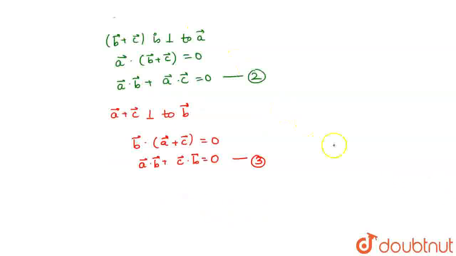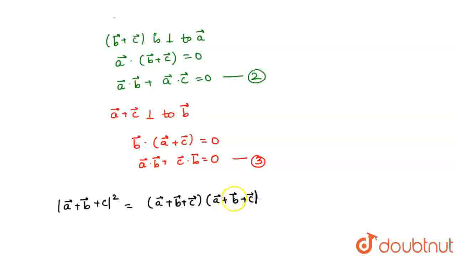So now we have to find the value of magnitude of A plus B plus C. So just square it. So (A plus B plus C) whole square would be equal to (A plus B plus C) into (A plus B plus C). If you don't remember the formula of (A plus B plus C) whole square, you can do this.